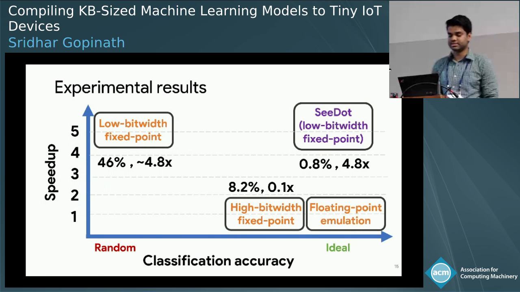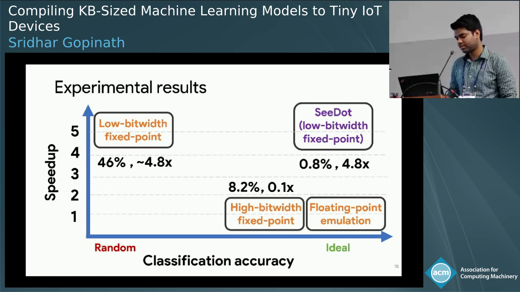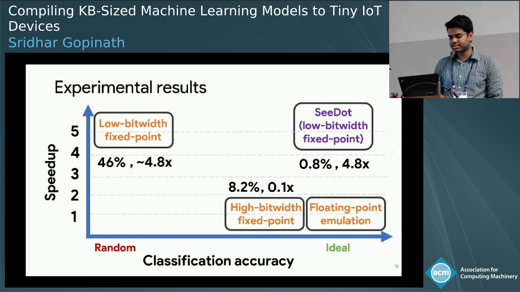And since these techniques use low bitwidth fixed point, their performance is equivalent to that of SeeDot. So these results show that we have achieved what we wanted to do. With SeeDot, we have generated programs that have very high classification accuracy and at the same time can perform very well on IoT devices.